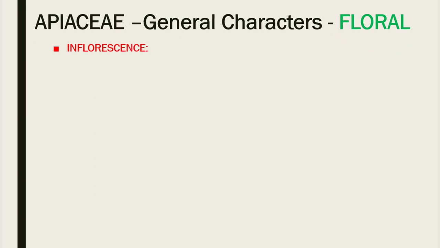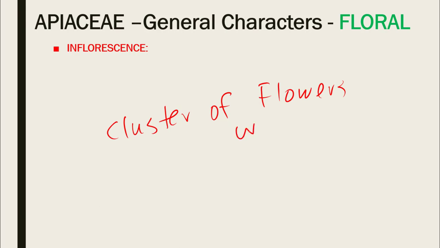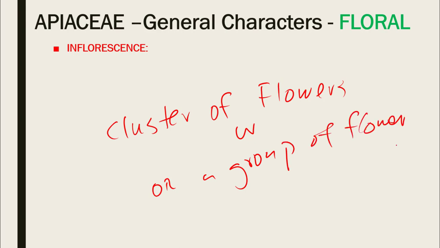So starting with inflorescence. You know what is an inflorescence? Inflorescence is basically a cluster of flowers or a group of flowers born in a specific manner, and obviously there is a full chapter devoted to inflorescence.